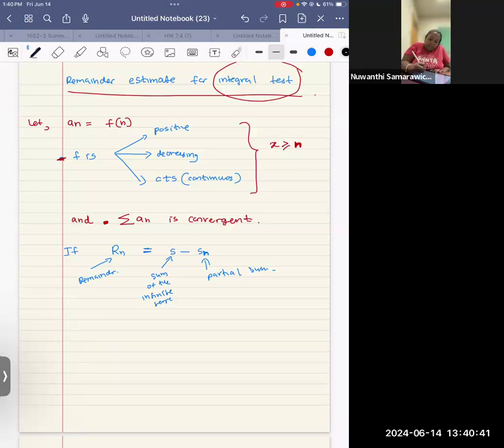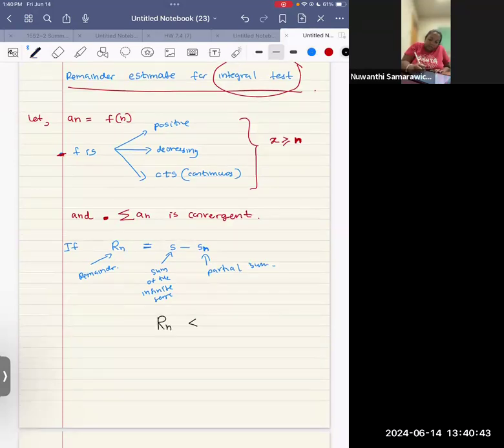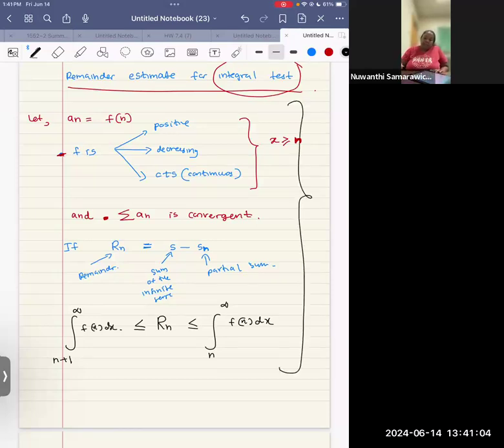Then we can say this remainder Rn is between these two integrals: the integral from n to infinity of f(x) dx, and the integral from n plus 1 to infinity of f(x) dx. This is called the remainder estimate.